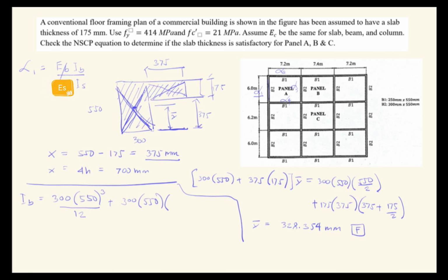This point is somewhat 275. Okay, that is the half of 550, and y bar is 328. So from here, from our reference here, y bar is way above this point.